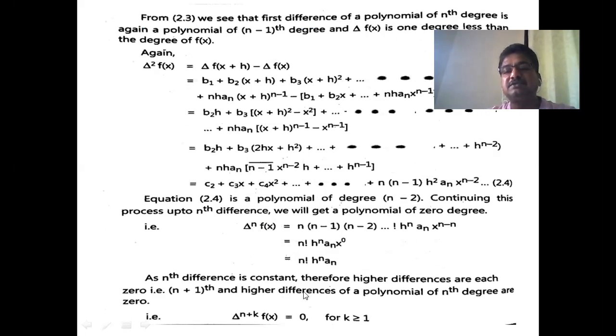Delta of constant is 0. And so all the further differences are 0. Delta raised to n plus k, fx is equal to 0 for all k greater than or equal to 1. Because we have delta raised to n fx is a constant term, and therefore all the further differences are 0, because the delta of constant is 0. So hence the proof of the theorem.